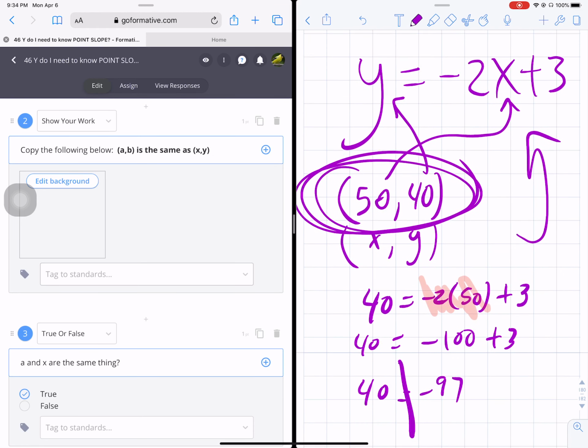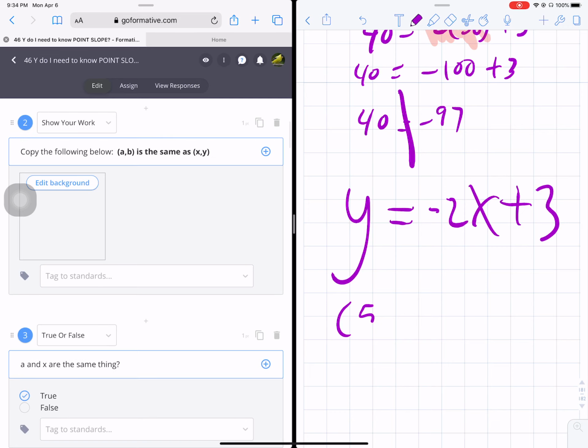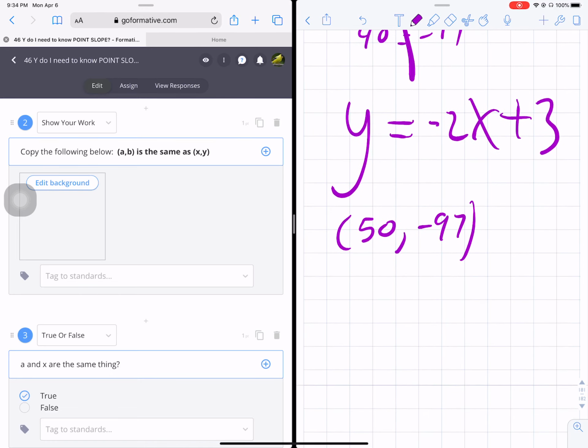Okay, let's try another one with y equals negative 2x plus 3. Well, let's just use 50 again, except we're going to make the other one negative 97. See what I did there?